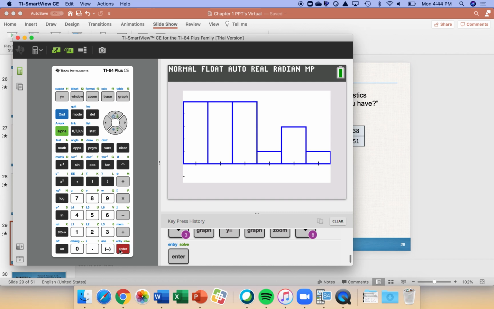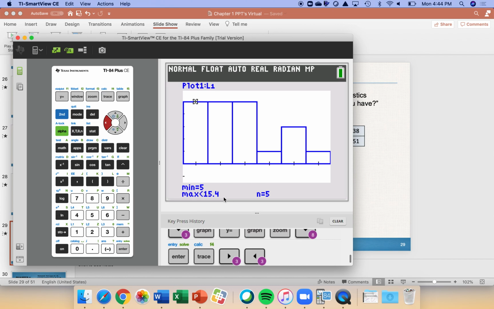Okay? Mr., how do we analyze the histogram? How do we know the numerical values? If you hit trace, you can now scroll back and forth on top of each of the bars of the histogram. So my first bar, you can see the minimum and the maximum of the bar.